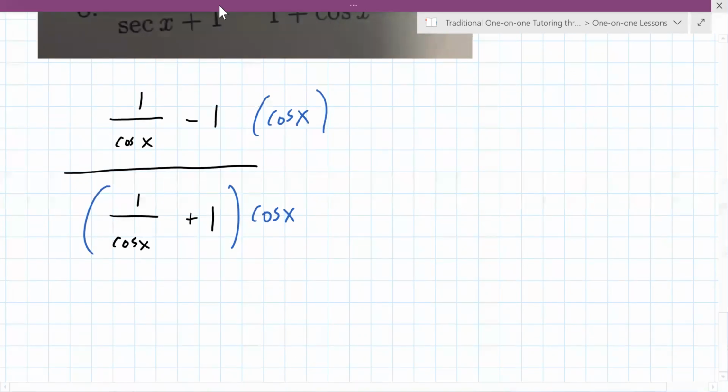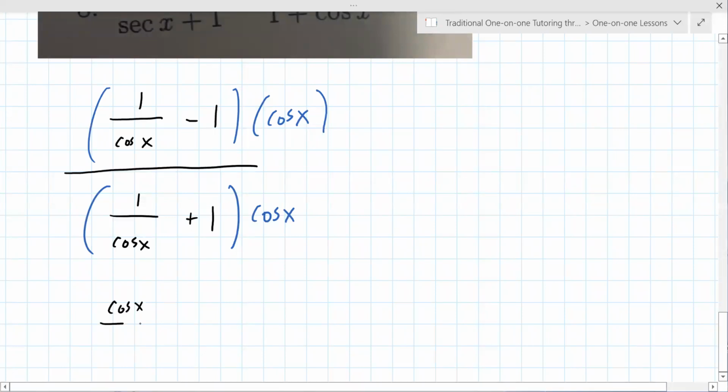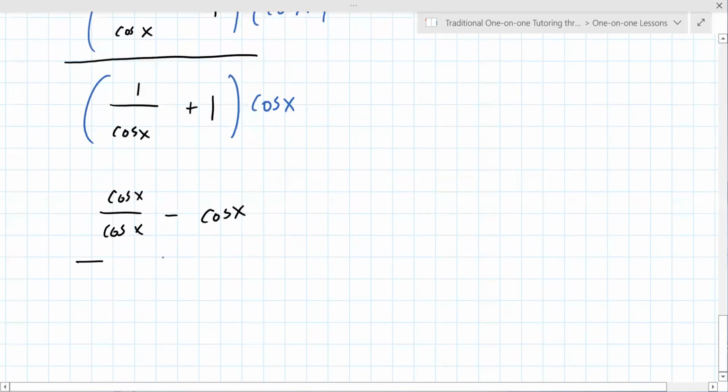So you get in the top, sorry, let me put this in parentheses. In the numerator, you get cosine x over cosine x minus cosine x. On the bottom, you get cosine x over cosine x plus cosine x.